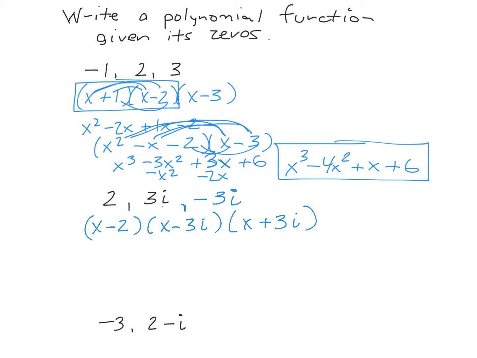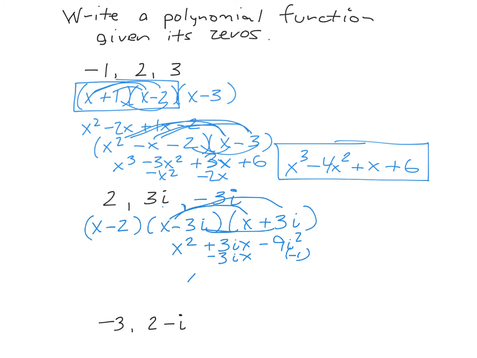And then again, I would multiply these together. I'm going to multiply these two because they both have the i in there. So x times x is x squared. And then I'm going to have 3ix. Don't panic, because I'm going to have negative 3ix. So those are going to cancel. And then I'd have a negative 9i squared, which remember we learned that i squared is a negative 1.